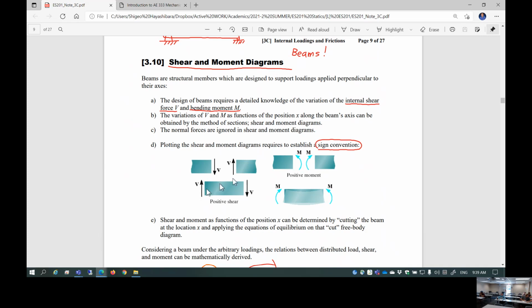If it's externally applied shear, such as support reactions at the very end of the beam, this is the positive direction on your left-hand side and this is the positive direction on your right-hand side. If it's externally applied moment, at just about any location, this is the positive direction, and this is the positive direction.